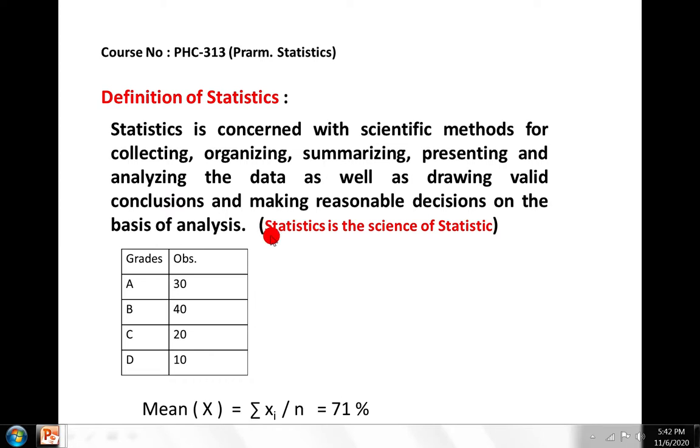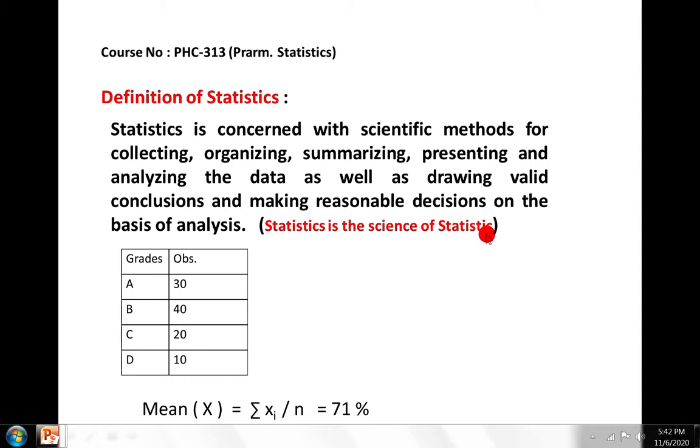The analysis is the most important step of statistics. So in short, statistics, this is the plural term, is the science of statistic, the singular term. What is the difference between statistics and statistic? According to English, this is the plural term and this is the singular term, but what is the difference? Statistics represents only the data: collection, organization, summarization and presentation of the data.